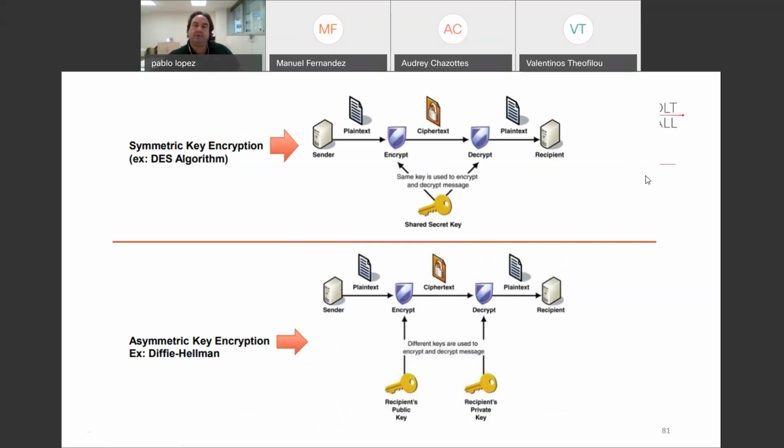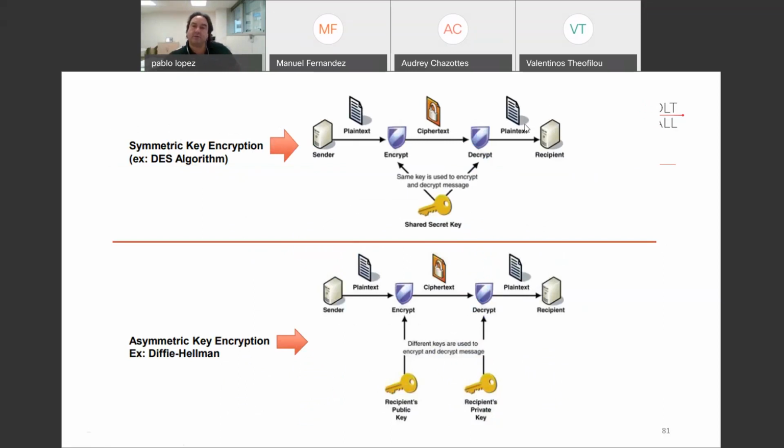Going deeper with more figures, we can see how symmetric key encryption algorithms work in a sequence. There is a sender with a plain text that is encrypted into a ciphertext.